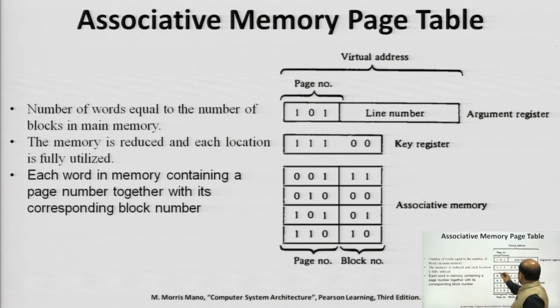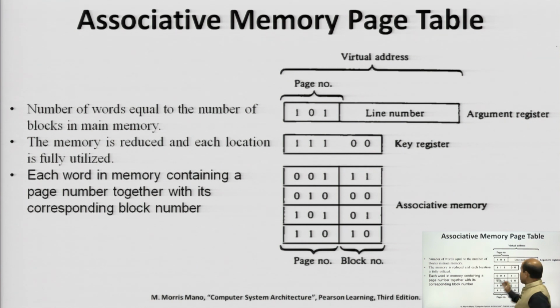So this table will be maintained in such a way that only those pages which are present in main memory will be there. The entry of a pair of page number and block number will be stored in this page table. The memory is reduced and each location is fully utilized.